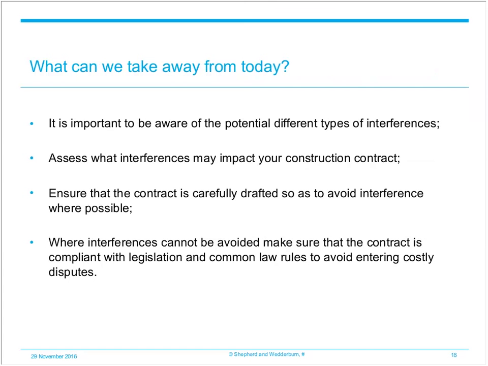So in conclusion, please be aware of the potential different types of interferences. Assess which of those interferences may impact on your construction contract. Thirdly, make sure you carefully draft your contract so as to avoid those interferences where possible. And fourthly, make sure that your contract is compliant with legislation and common law rules to avoid entering into costly disputes.